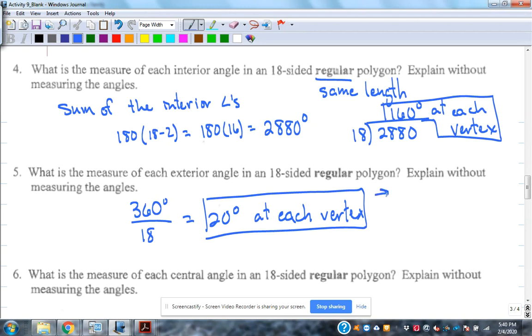And your explanation would be, we know the sum of exterior angles is always 360 degrees. So you need to say that at some point, so that you know where you're getting that 360.